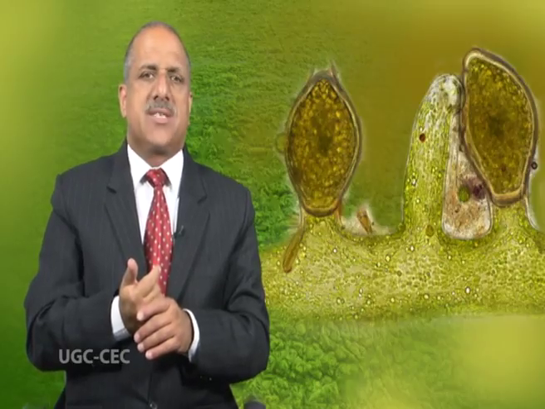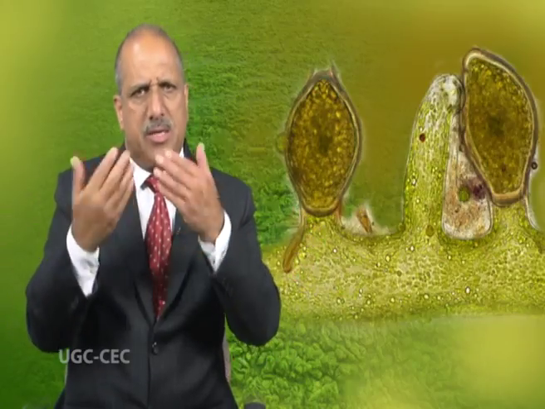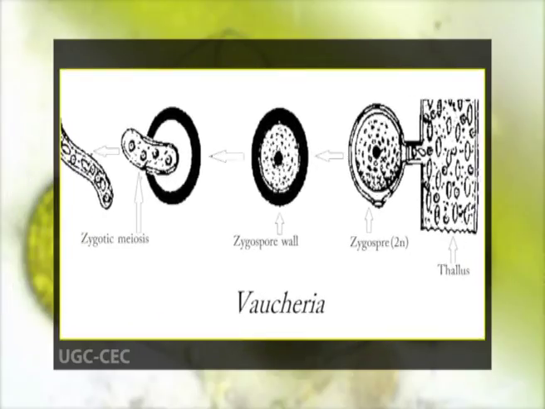Now, let's try to understand how a zygote or zygospore germinates. Once unfavorable conditions are over and the dormant period is over, the zygospore germinates to form a new thallus. First of all, before the germination starts, its thick cell wall having many layers starts degrading and loosening.